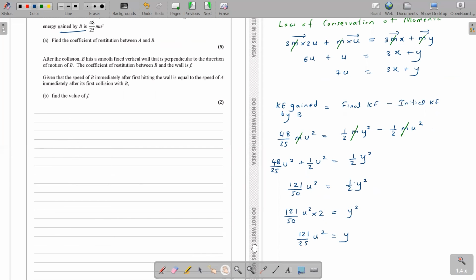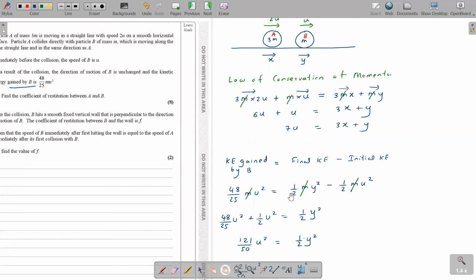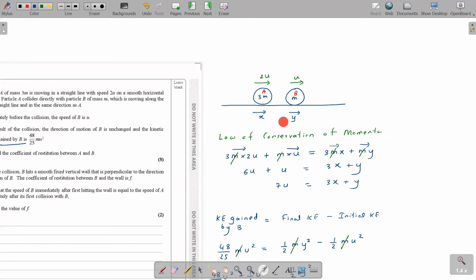Do you agree with me? When you root it, the square root of 121 is 11, the root of 25 is 5, and the root of u square is u. We don't need to put plus or minus here, because we are definitely sure y is positive. The direction I have used is definitely correct, because y is going to the right side.